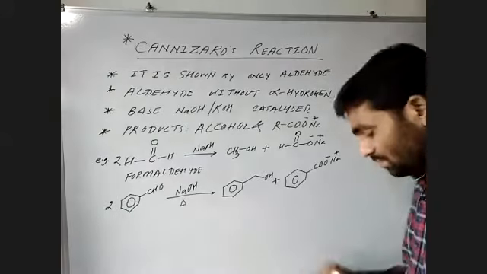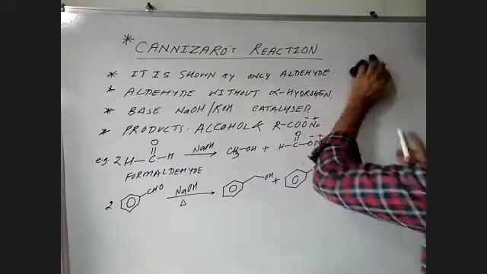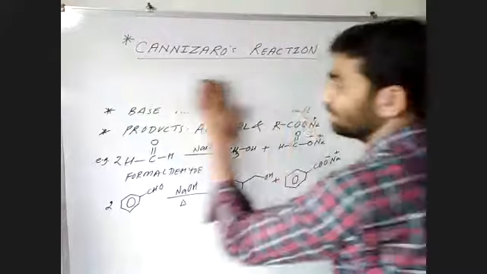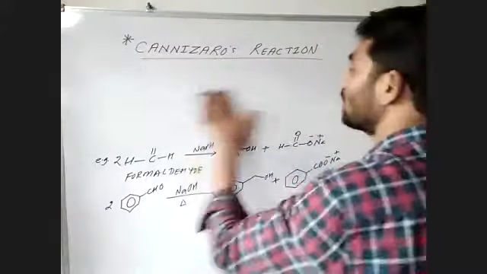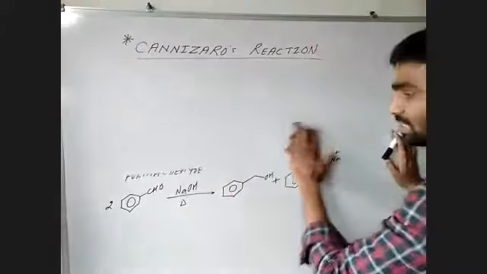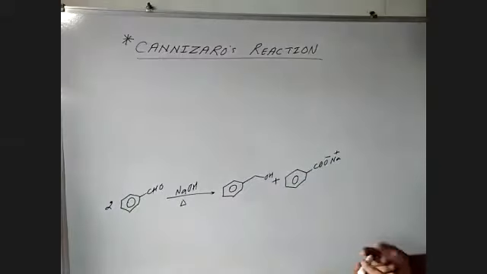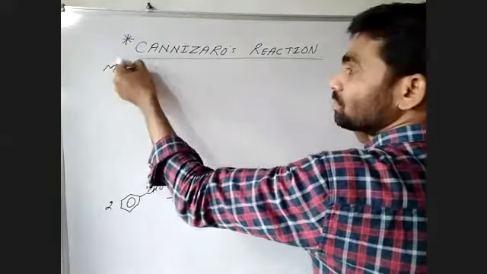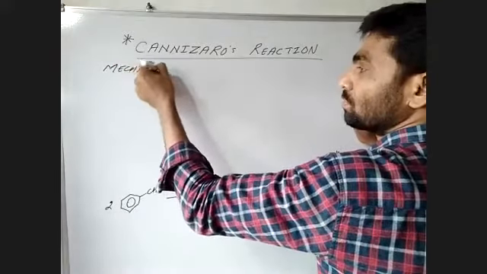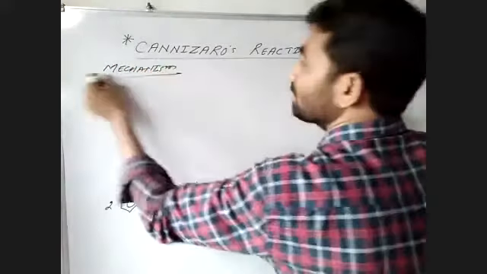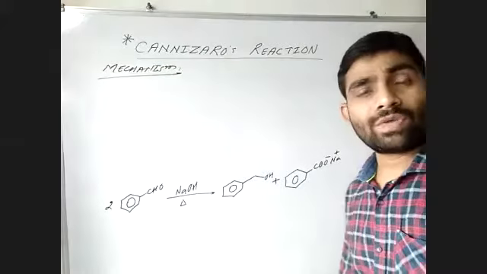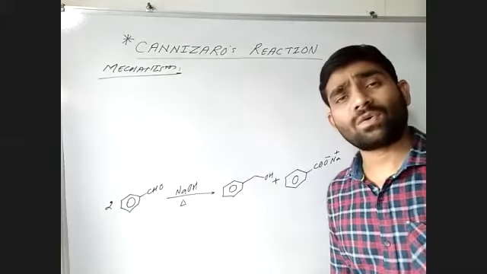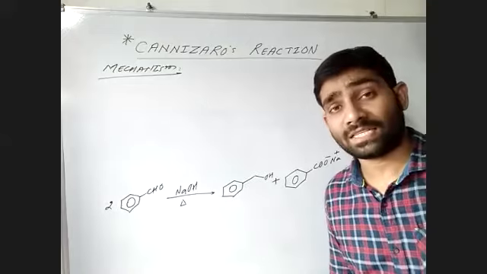If you go for the mechanism of this Cannizzaro, it will be easy for us to understand the idea. So now we'll go directly for its mechanism. Mechanism of Cannizzaro. Now, in aldol, we are using NaOH or KOH, any one of these, base catalyzed.